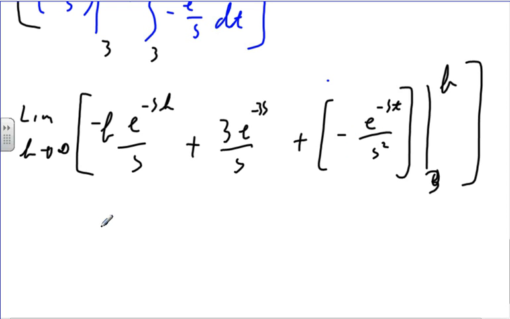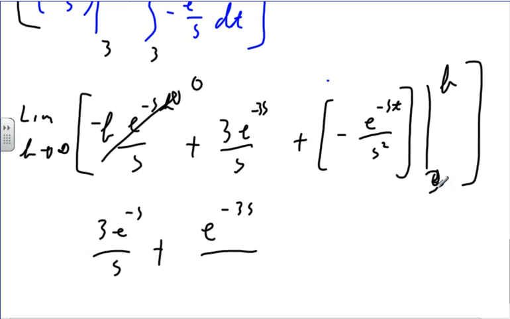So this is going to be 3e to the minus 3s over s, minus, that guy goes to 0. This is a plus sign, e to the minus 3s over, and there's a 3 there, and this is an s squared, not a 3. Wow. Did I talk my way out of that, or what? Oh, well, it looks like that's right.